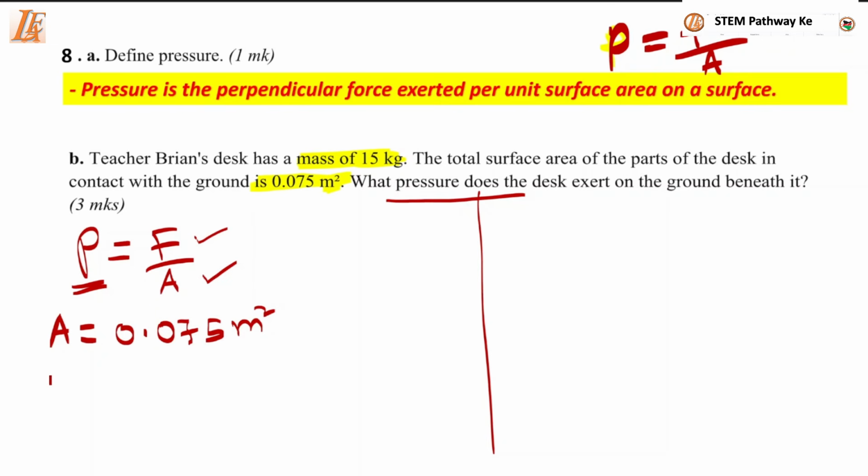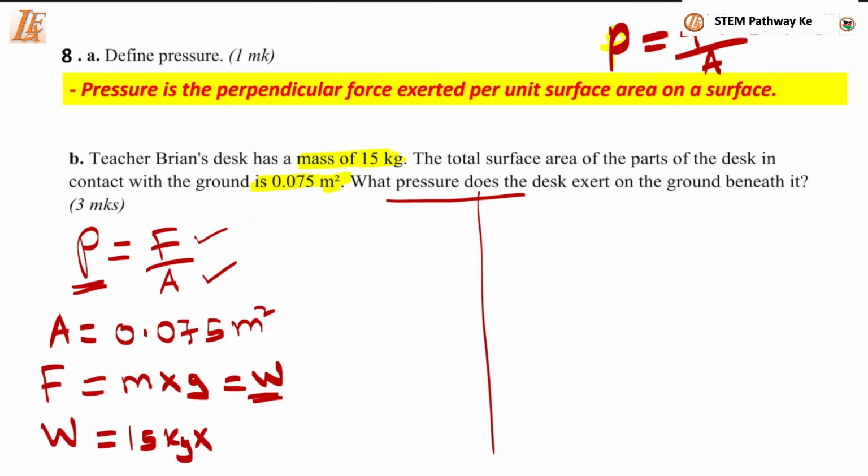And then in this case, we have force, which we can get. If we have mass, remember force is equal to mass times gravitational field strength. That is what we also call weight. So in this case, the weight that we want to calculate will be the same as the force. And here, if we now calculate the weight, which is mass times gravity, mass is 15 kg times gravitational field strength, which is 10 Newton per kg.